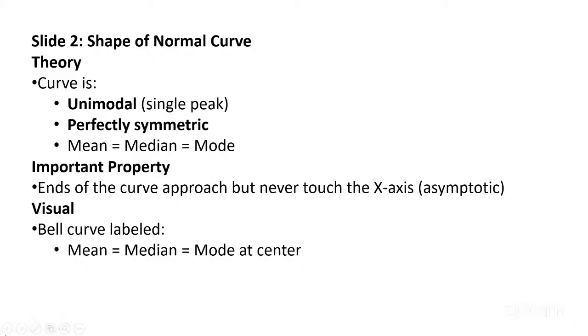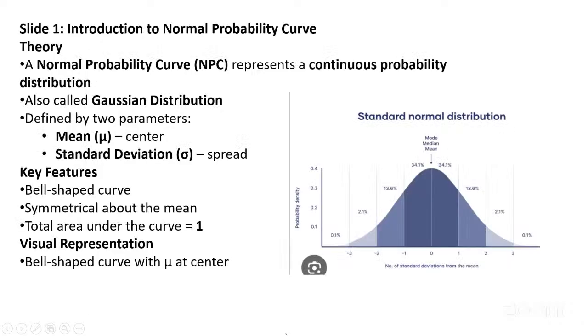Here I am discussing the mode, median, and mean, having already discussed the shape. As the shape is bell shaped, this is the mode, this is the median, and this is the mean also. Three of them coincide. It is symmetric about mu.